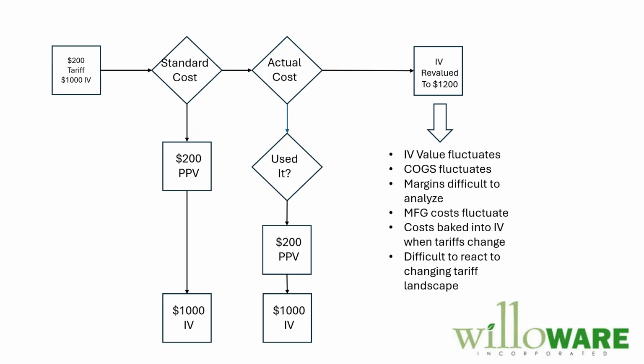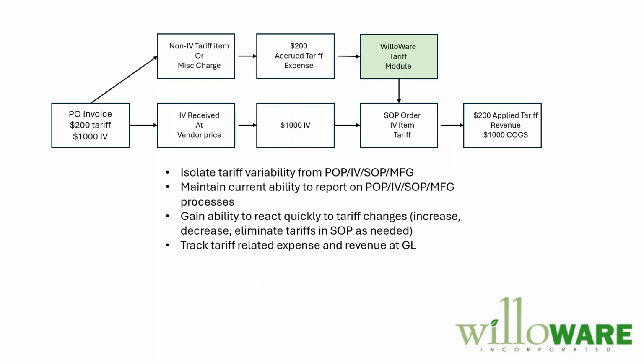Then COGS will fluctuate, your margins will fluctuate, and they're difficult to analyze. If you use GP manufacturing and you use the material in manufacturing, then the manufacturing costs fluctuate. It makes it difficult to report on manufacturing efficiency. So there's several issues with including the tariff cost into the cost of the inventory.